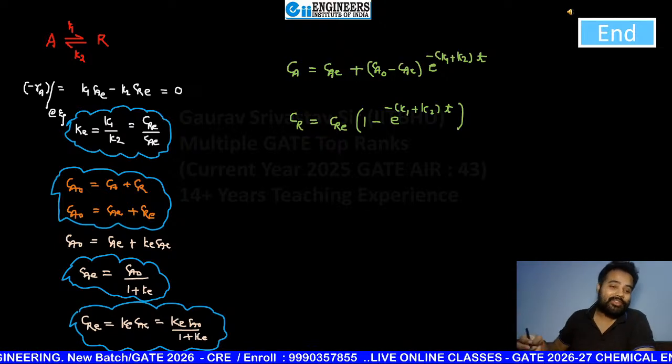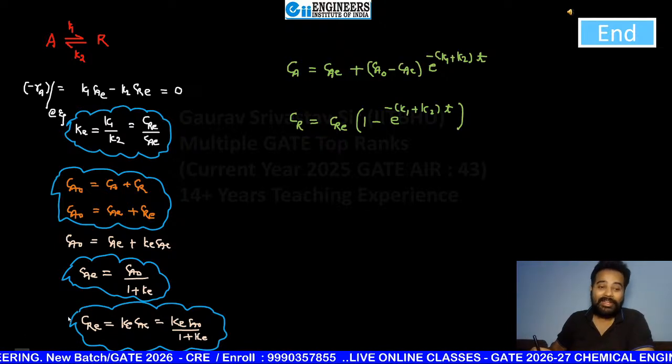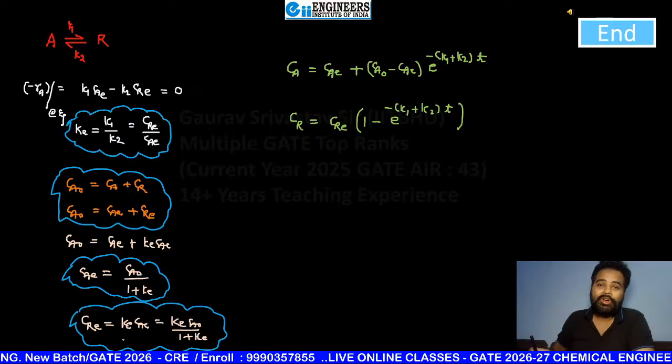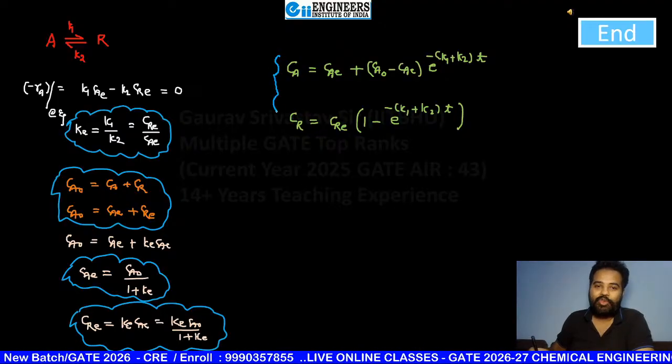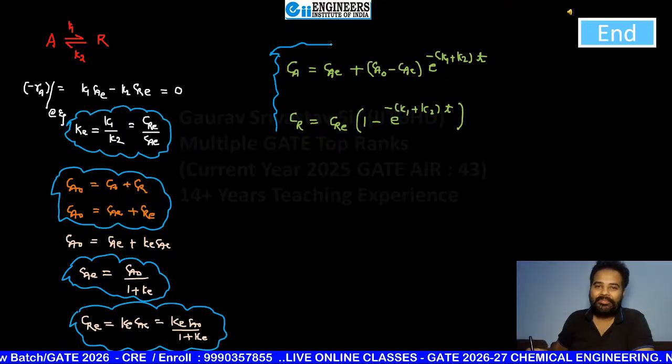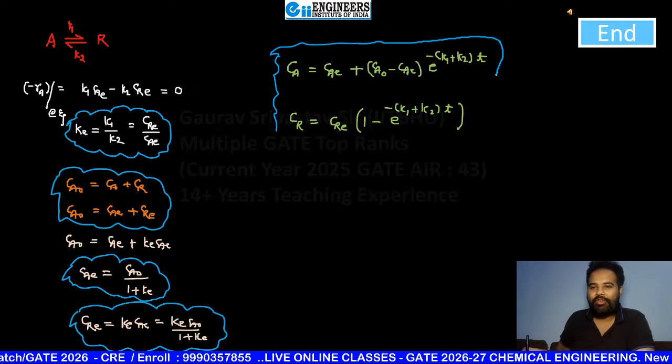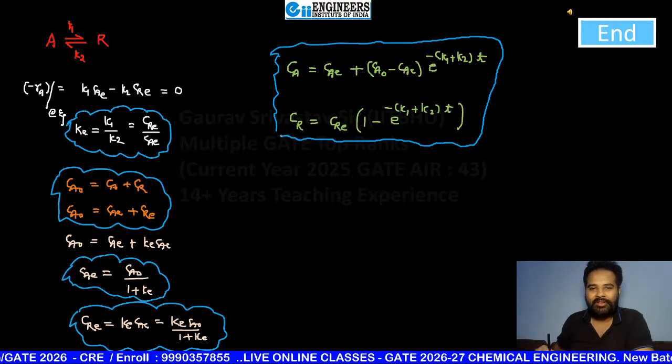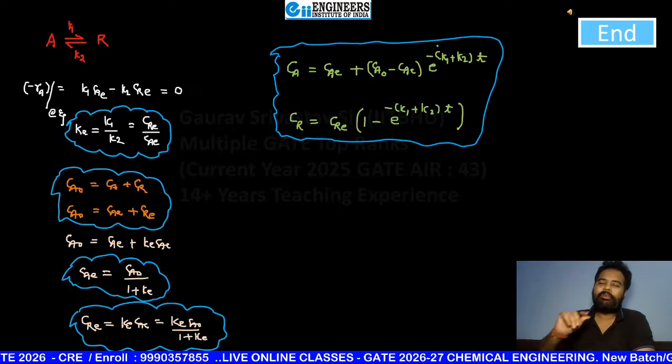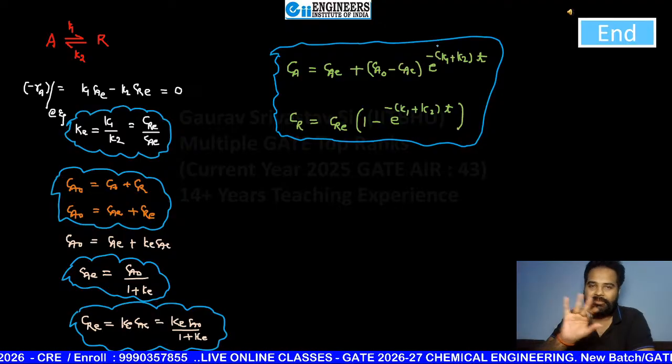That's why I told you these equations are something like magical equations, because you can't find these equations in books, not even in Fogler or Octave Levenspiel, because it needs simple balance equations.